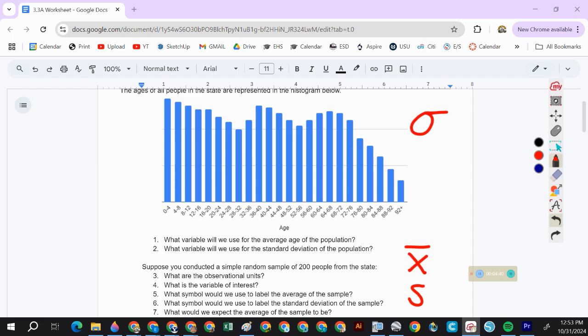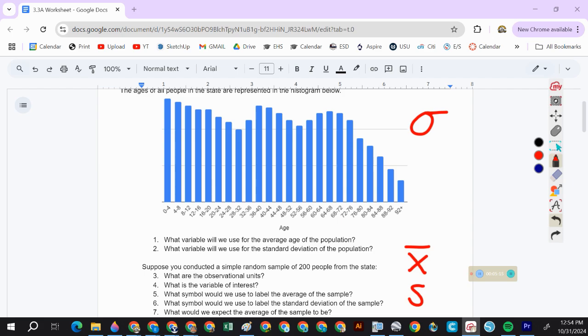Okay. So if we talk to 200 people and we do a simple random sample, what would we expect the average of our sample to be? Well, if our sample is representative of the population, then our sample average should be close to 39.6, the population average.